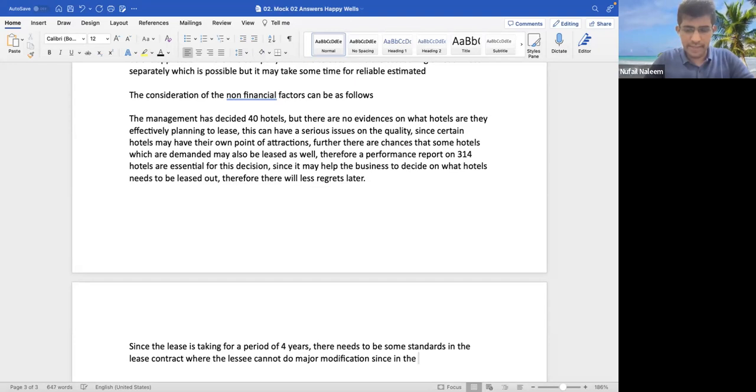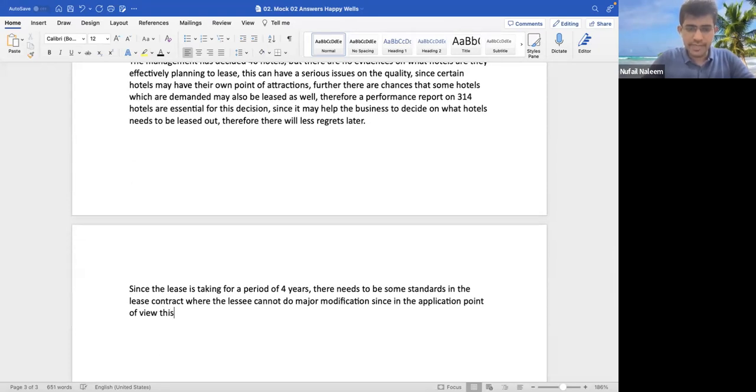Since in the application point of view, this is where the company needs to ensure that they have the full understanding on sustaining the quality of the assets.